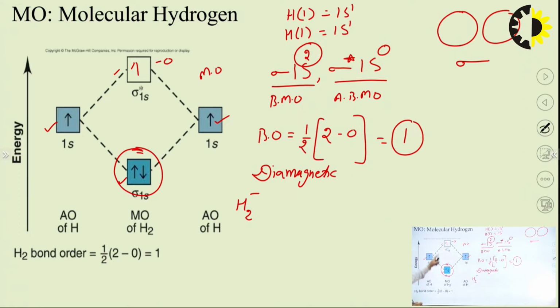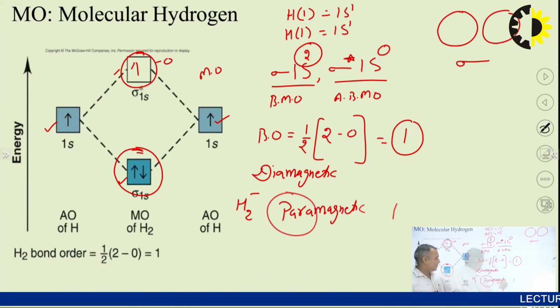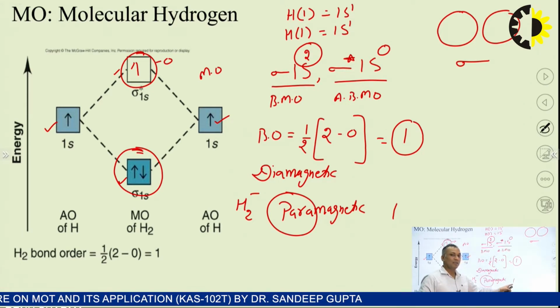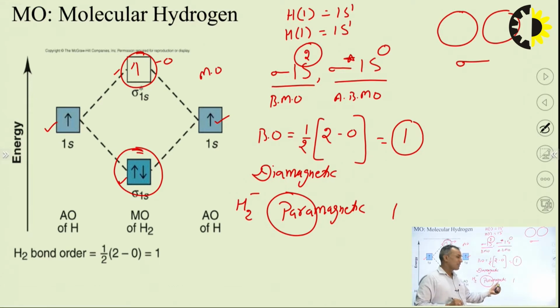Due to the presence of an unpaired electron, the magnetic behavior will become paramagnetic. So the soldier who is jumping, he is only single. If unpaired electrons are present, it is paramagnetic. If paired electrons are here, then this is diamagnetic.